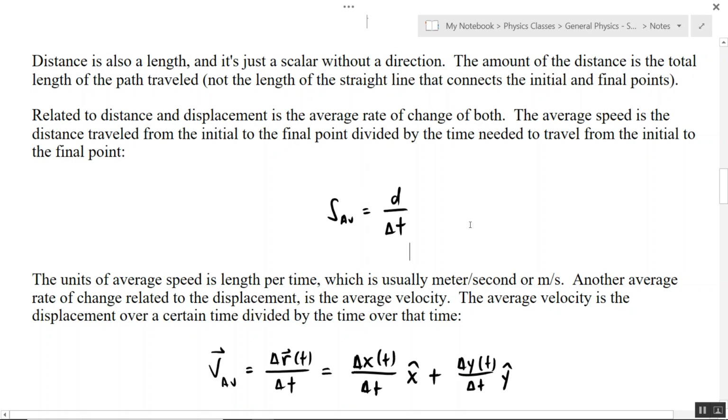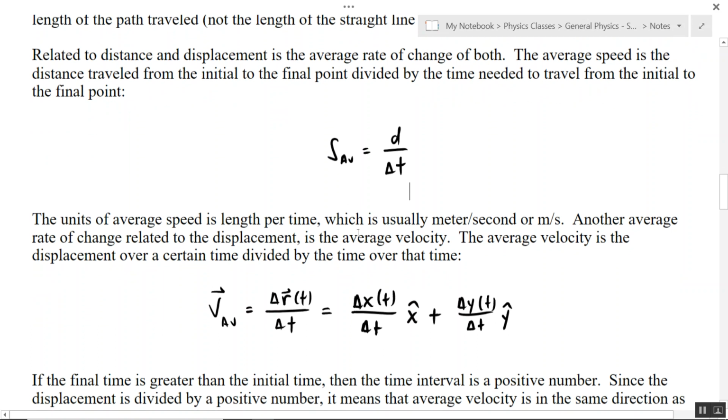Yes, D is distance. The reason I bring this up is because then you can define something kind of like speed, which is called velocity, average velocity. The average velocity is something we'll be using way more often than average speed. In fact, we almost never use average speed. Average velocity is like average speed, but instead of using distance, we use the displacement.